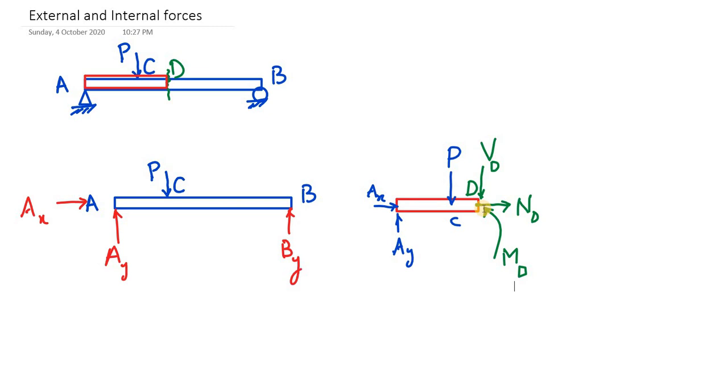Another important thing to mention is where these two forces, AX and AY, are coming from. These are reactions developed by the restraint at A, the hinge support at A. These forces are being applied by the right segment on this left segment to keep this left segment in equilibrium.